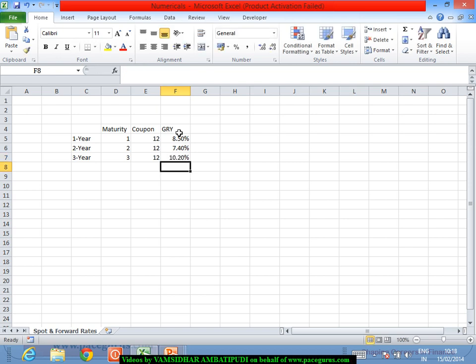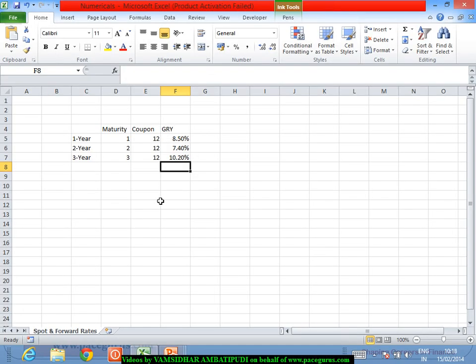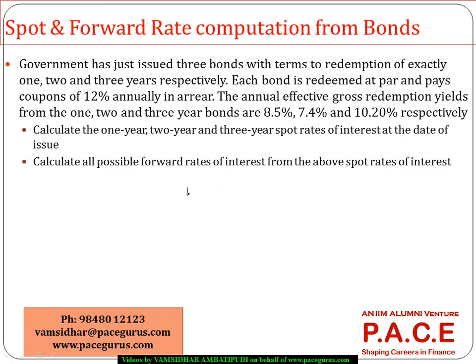Now look at the 1-year bond first of all. What are the cash flows associated with the 1-year bond? Because the coupon is 12, the 12 is going to come after 1 year, along with the maturity amount, which is the face value, because we are talking about redemption at par.